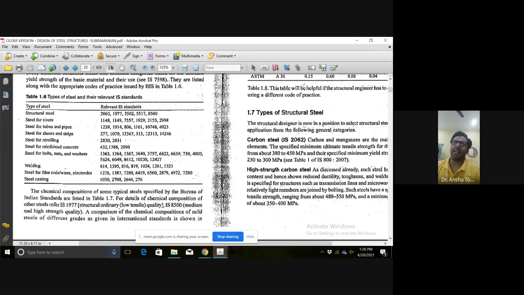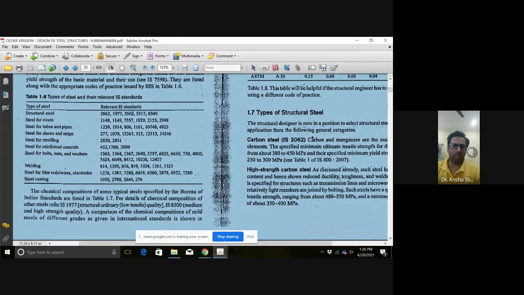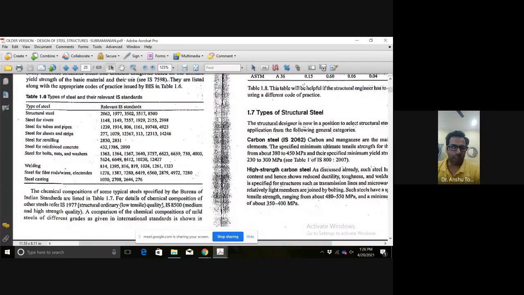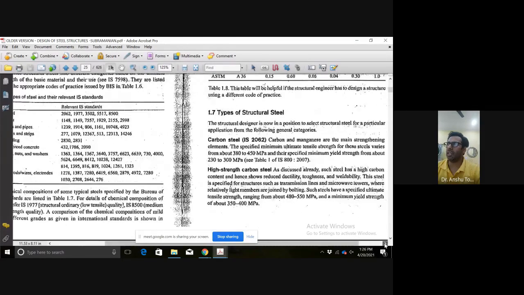But that has been categorized here. Carbon steel IS. So Indian standard codes are also given for different grades of carbon steels, that is plain carbon steel, depending upon the yield stress, or you can say the yield strength.